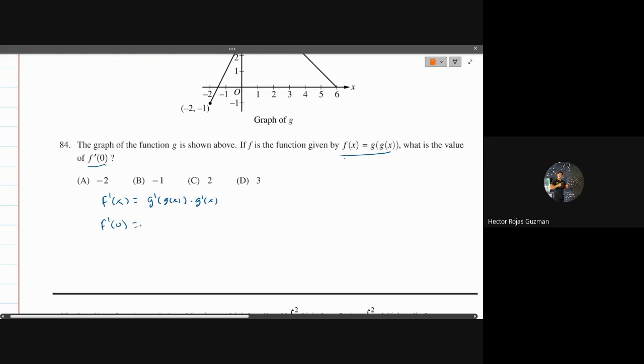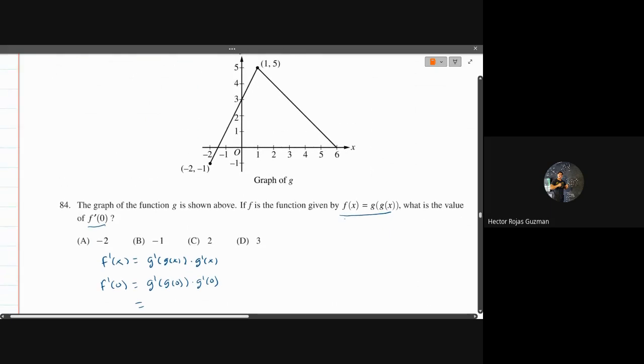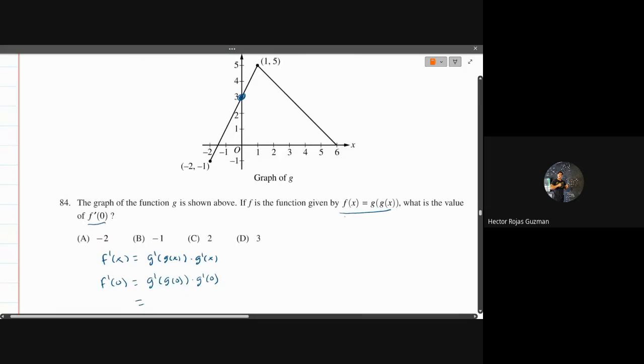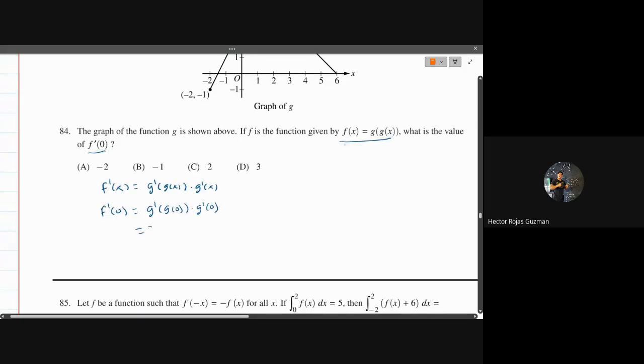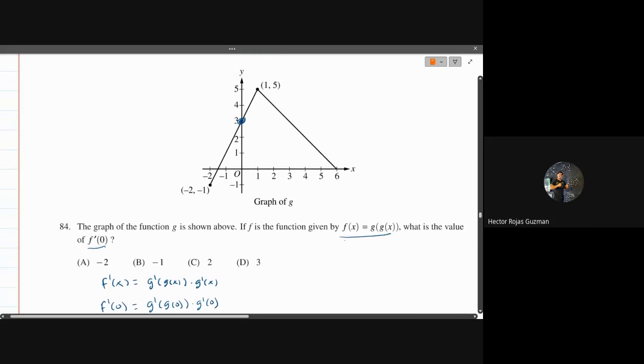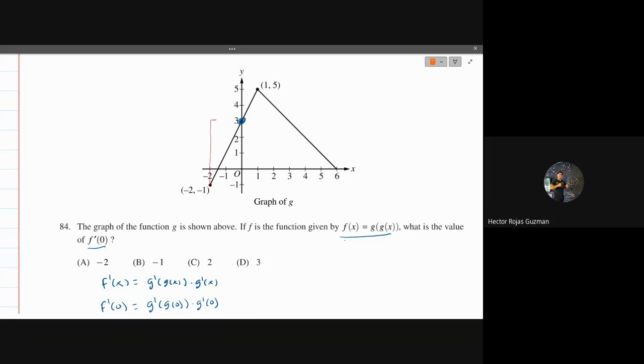I plug in my 0. g of 0, we can figure that from the graph. g of 0 is 3. g prime of 0 is going to be the slope. And thankfully we have a linear function, right? The slope is the rise over the run, and it's the same everywhere. The rise here was 4, the run was 2, which means the slope equals 2.